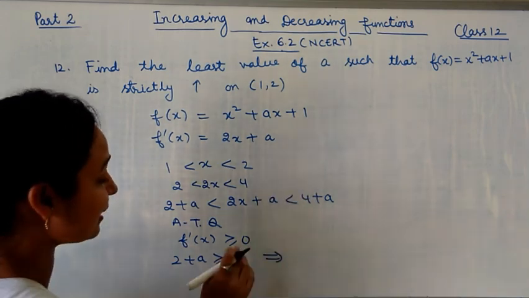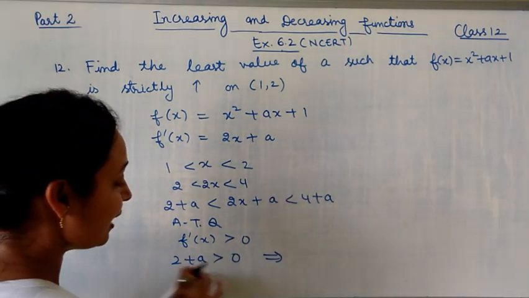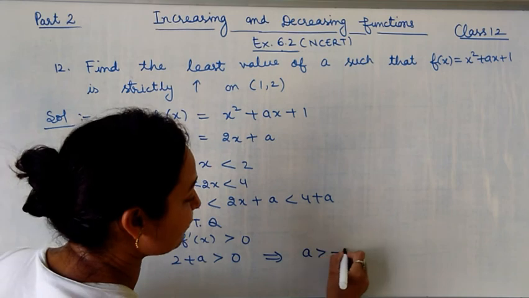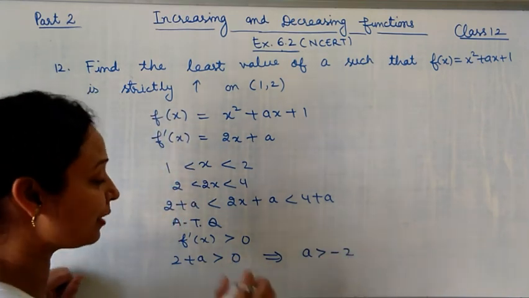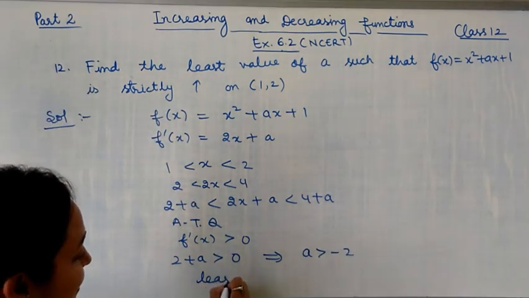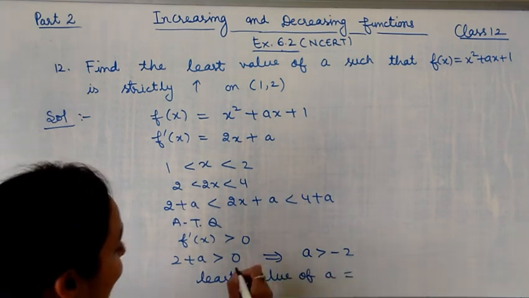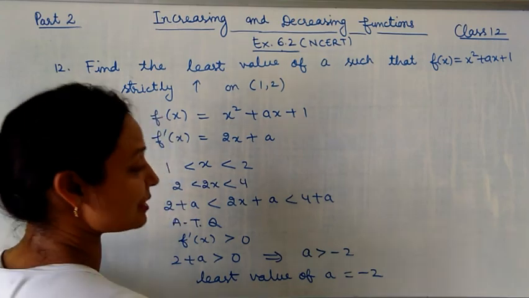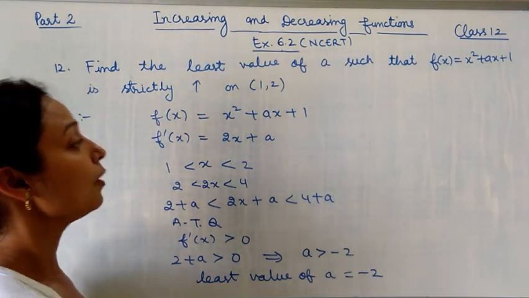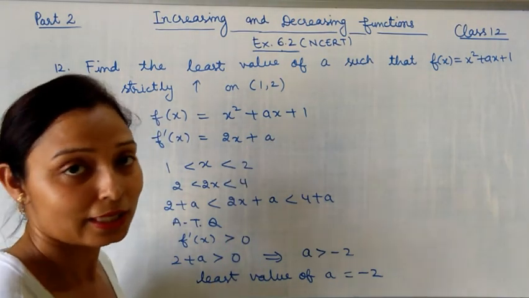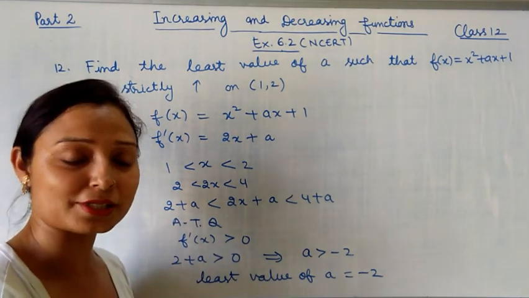That means it is strictly, so you cannot take this one. It is a greater than minus 2. So the least value of a is equal to minus 2. So this is the way to find the value of a given in the function. So do the practice of these types of questions. Thank you.